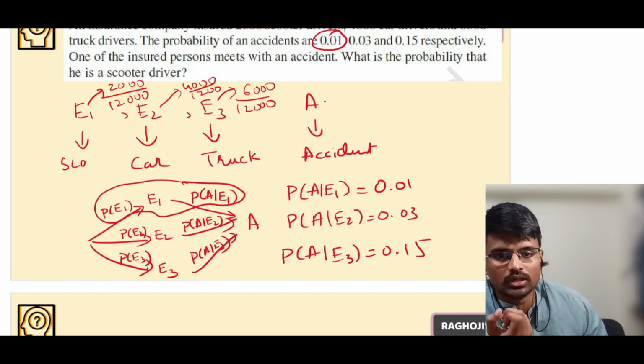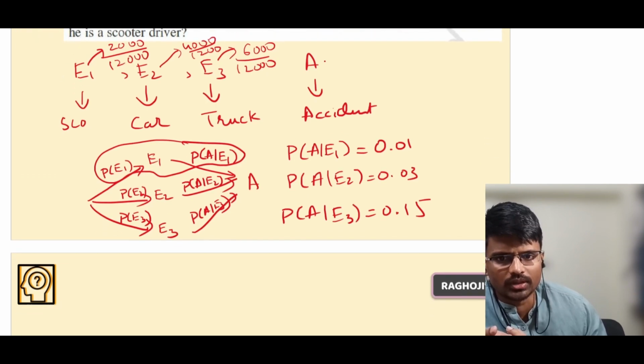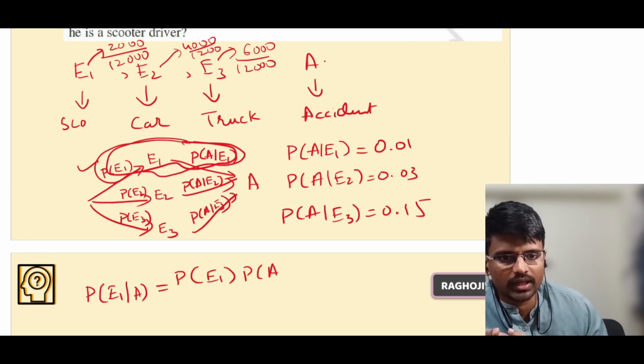You just need to form the formula and substitute the values. What is the formula here? They are asking us probability of E1 when A has occurred. I'll first multiply these two terms for my numerator, P of E1, P of A when E1 has occurred, and for the denominator, I'll multiply all the arrows.